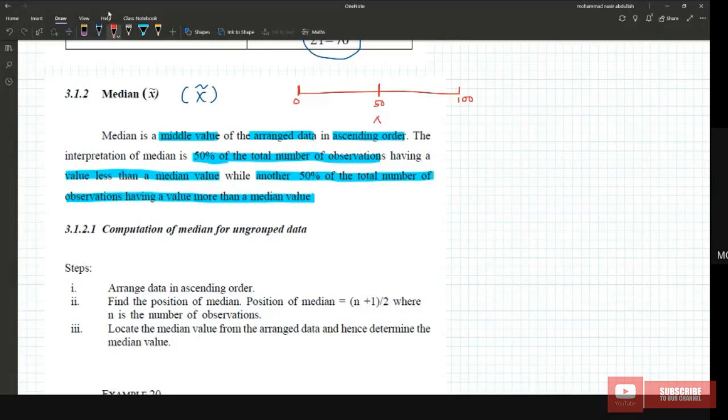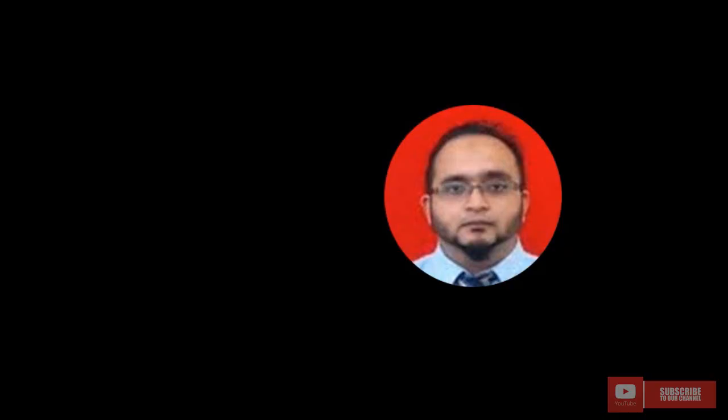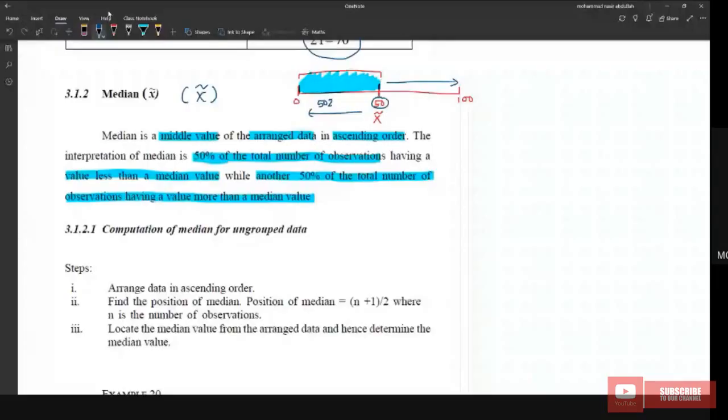So this is your median, right? So how to interpret? We can say that 50% of your data having value less than 50, which is your median value, while another 50% of your data having value more than 50, which is your median value, right?